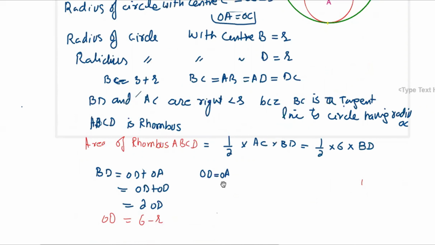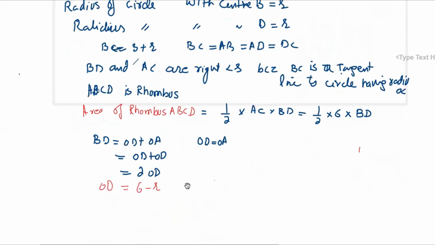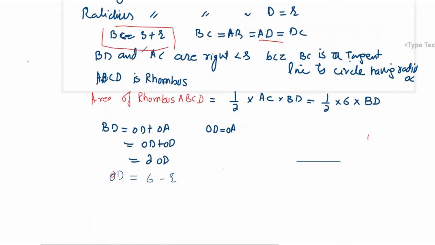Now you see here, this is a right angle triangle. AOD is a right angle triangle we make here. In this right angle triangle, we can find the length of OD. After finding the length OD, we can calculate the length of BD. Now you see here, this is O, this is D and this is A. The length of OD is 6 minus R, and the length of OA we already found is equal to 3.